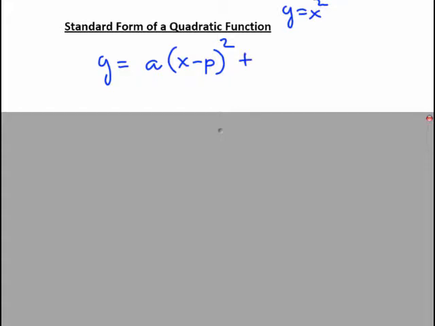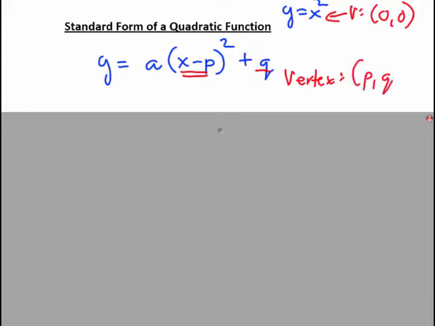And if you add a constant onto the end, q, that will vertically translate the graph up or down. Furthermore, since the vertex of x squared was 0, 0, then the vertex of the standard form, if it's been shifted p units horizontally and q units vertically, would become p comma q.